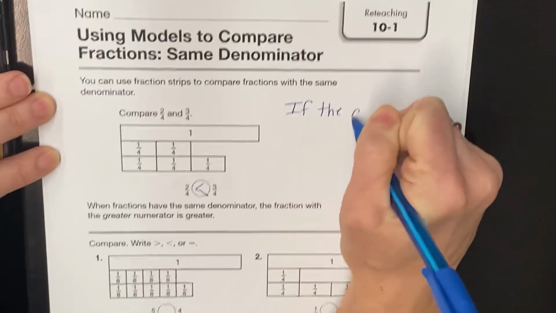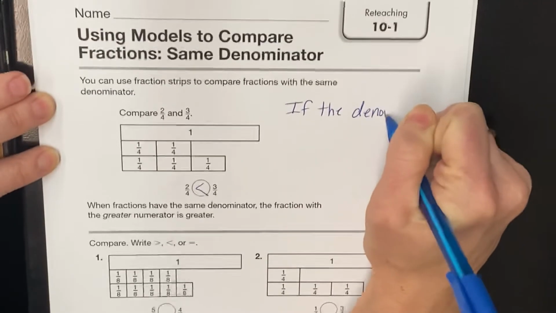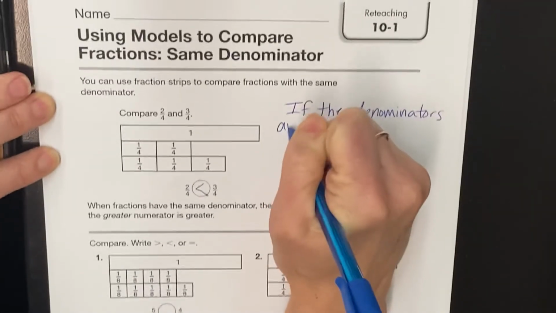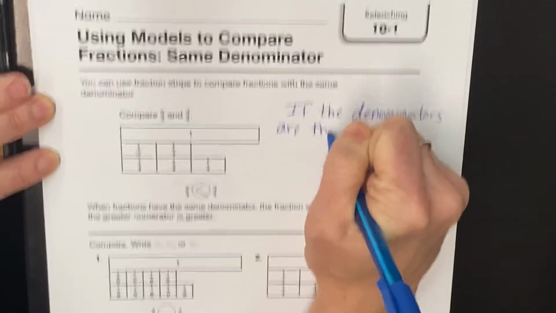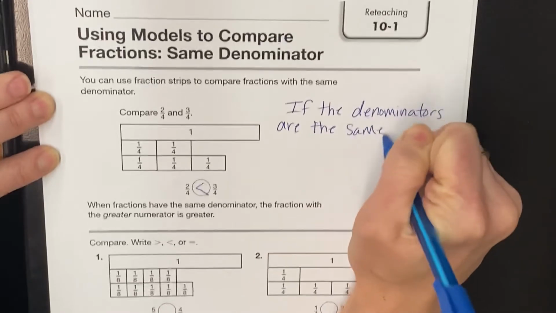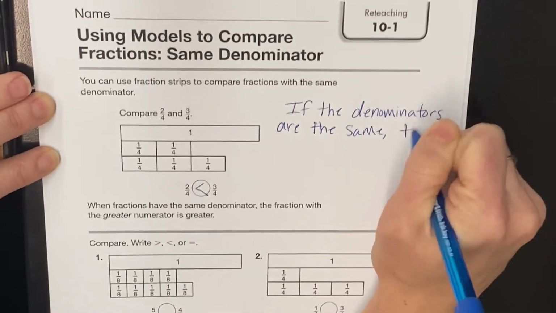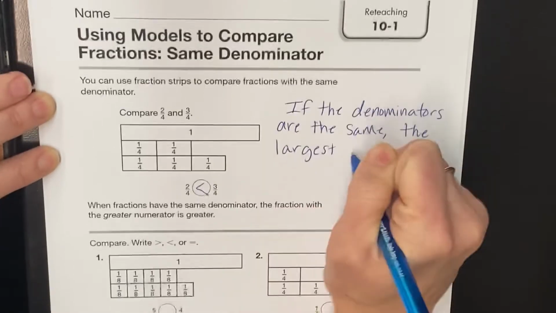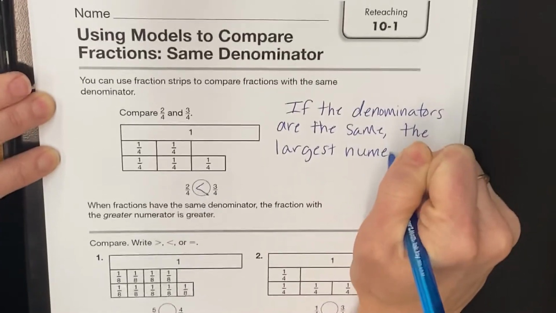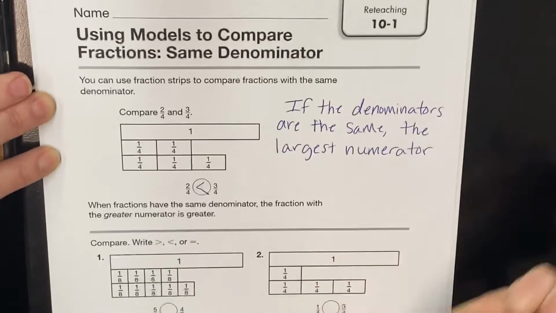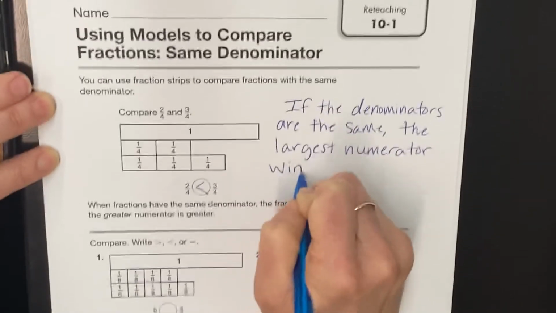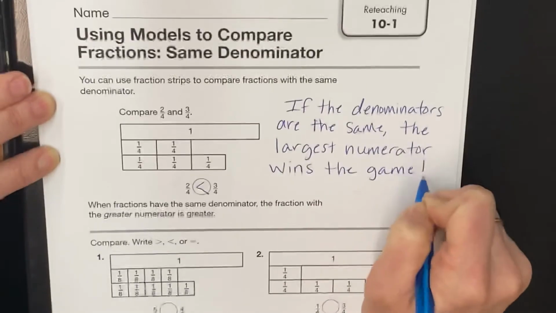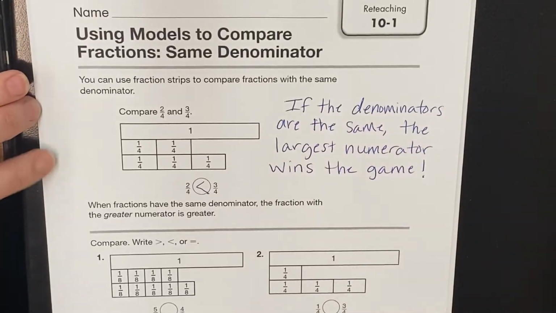If the denominators are the same, the largest numerator wins the game, meaning it's the largest.